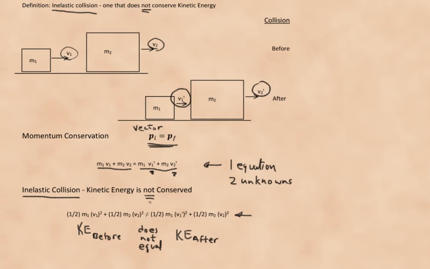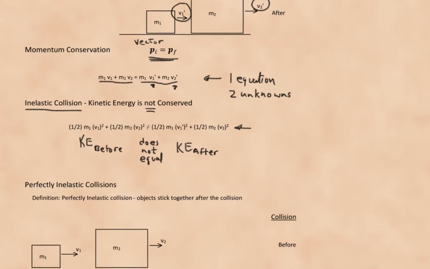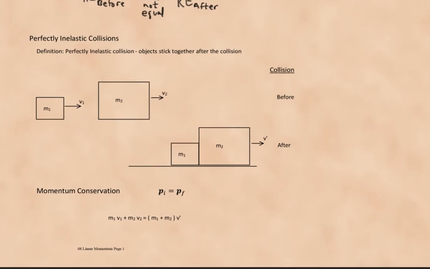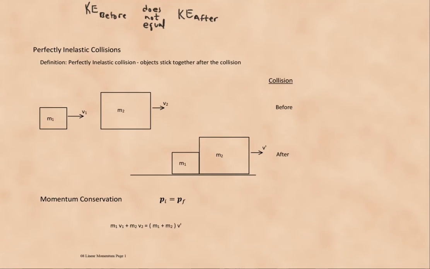We may be told what one of the velocities is and asked to find the other velocity. But a common occurrence in this type of problem is that the two objects will stick together, and when they do stick together, that's a special case of inelastic collision called perfectly inelastic. So before the collision, mass 1 has a velocity v1, mass 2 has a velocity v2.